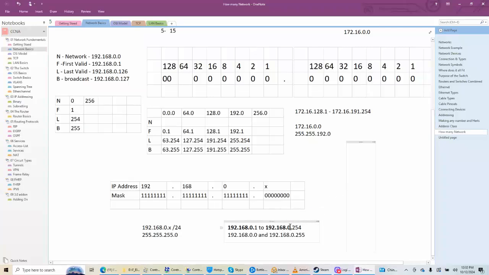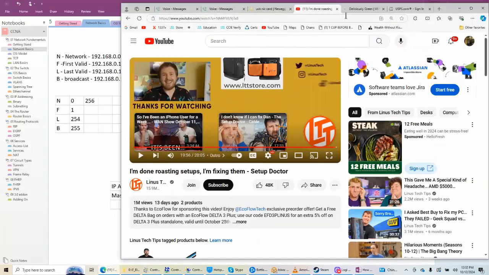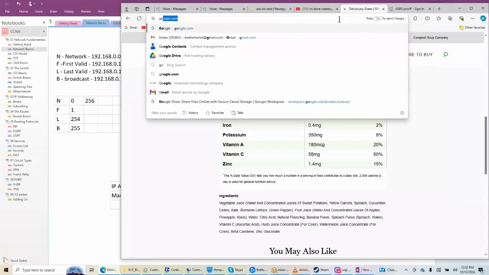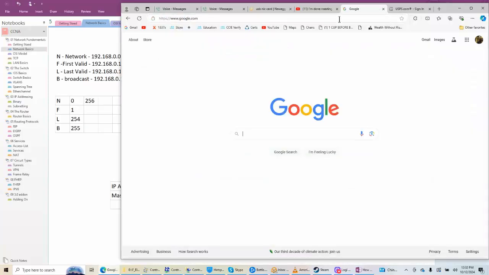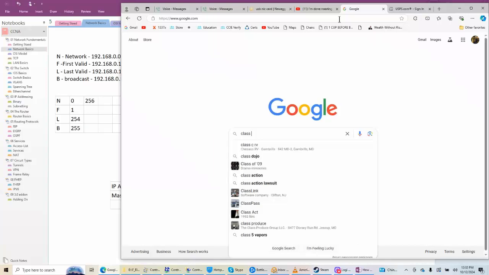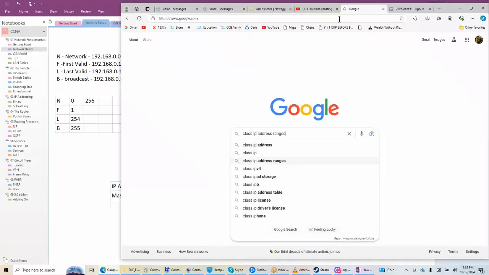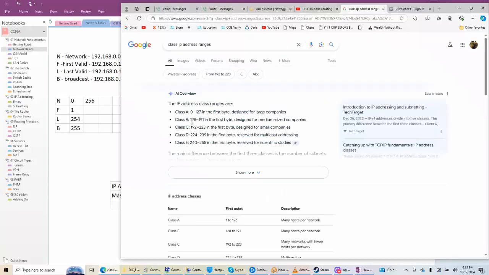Because you got to understand, if I'm doing a 192.168, and my IP addresses for Class C is 192.168, actually, let's go look it up before I misspeak. Class IP address ranges.